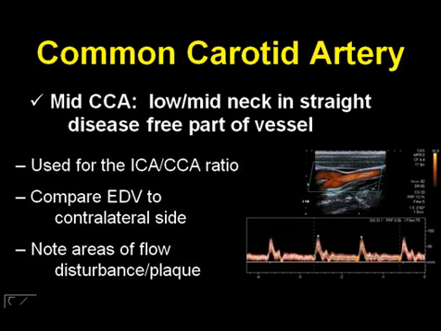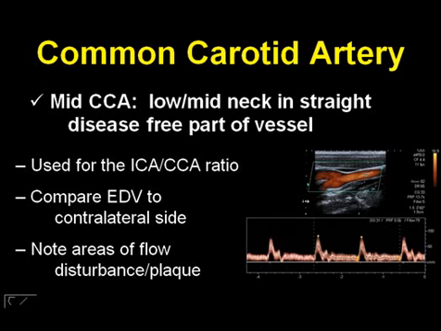Any area that looks suspicious by the color flow image really should be evaluated by spectral Doppler. In the absence of any evidence of a flow disturbing lesion or any other pathology within the carotid system, of course, we would stop at those predetermined sites to evaluate and to acquire velocities. But our next stop within the carotid artery system then would be the mid-common carotid artery, somewhere that's relatively low in the mid-neck, in an area of the vessel where it's straight and where it's disease-free.